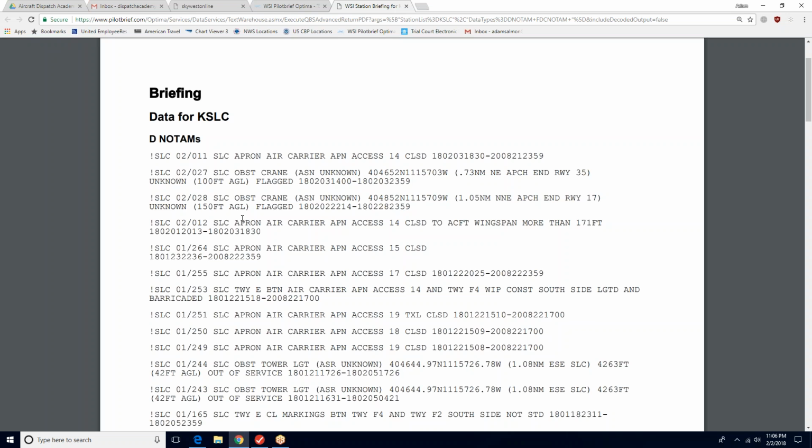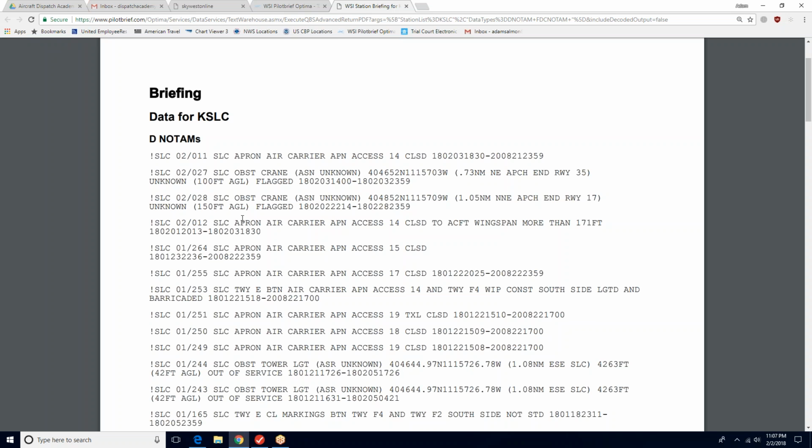Look for AD, Alpha Delta, which stands for aerodrome. An aerodrome, if you see it in a NOTAM, means it's talking about the entire airport.